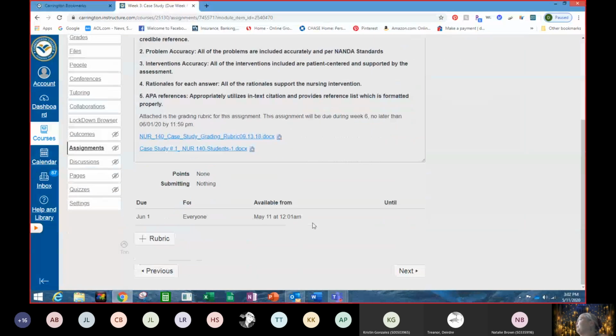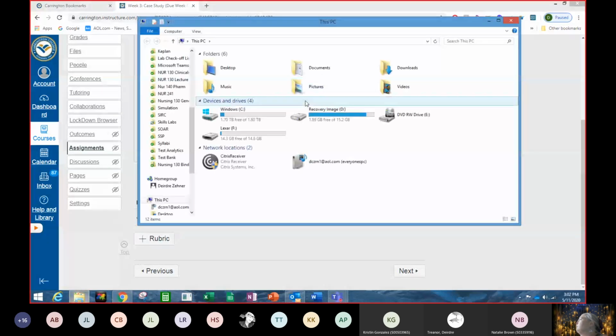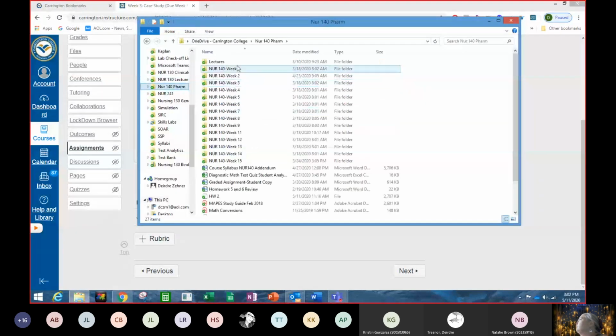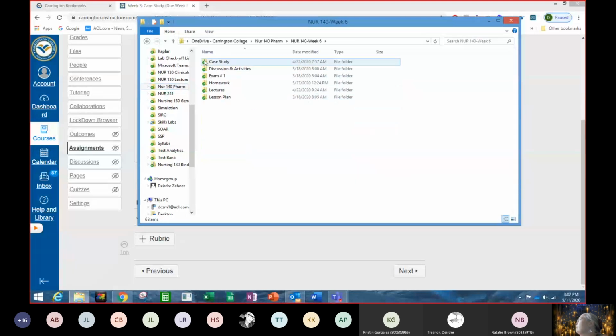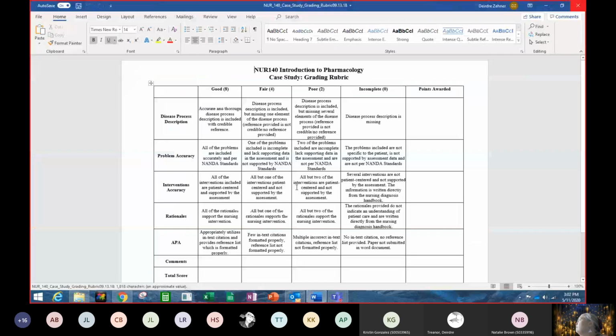And then the grading rubric is very similar. I would prefer they are typed, Courtney, if at all possible. And yes, that's how it's supposed to look, Jessica.